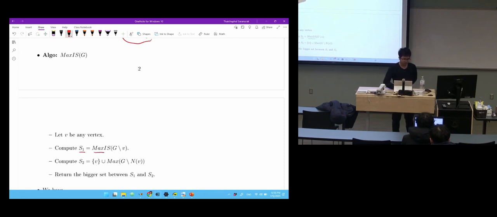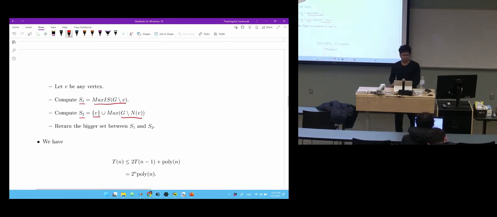So that is just to recurse on G minus V. Otherwise, compute S2, which is the best solution that has V, and you recurse on G minus N(V). Once you have computed the two best solutions, whether V is in there or not, you just return the best one among S1 and S2. Okay. And so this algorithm makes sense, it is correct.